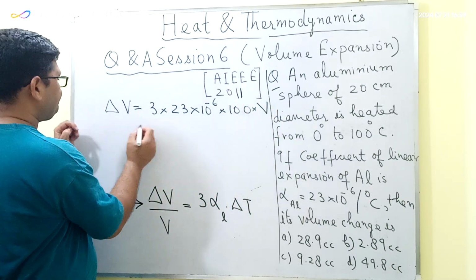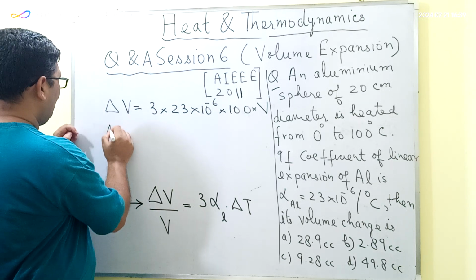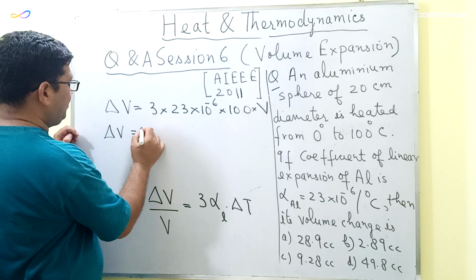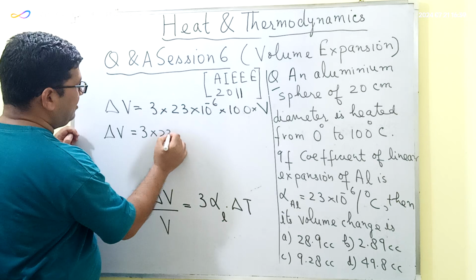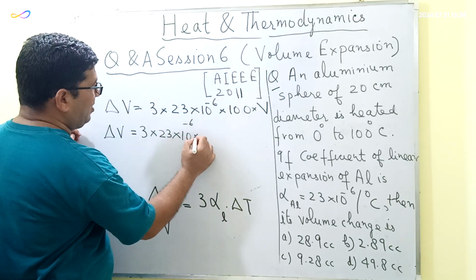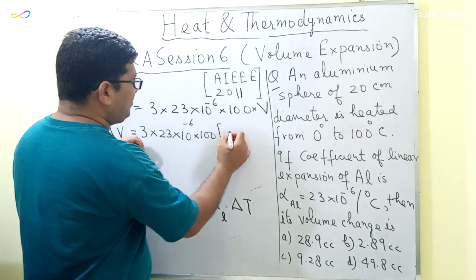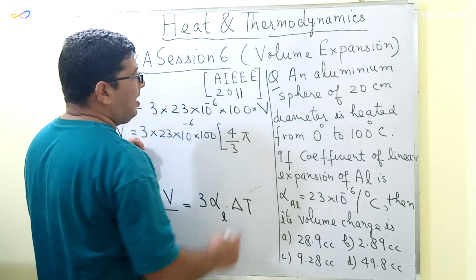So now here delta V will be equal to 3 into 23 into 10 to the power minus 6 into 100, and the volume of the aluminum sphere will be equal to 4 by 3 pi r cube.